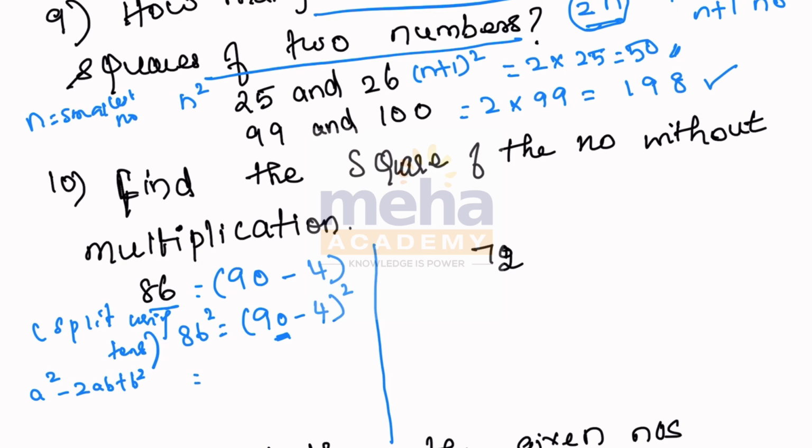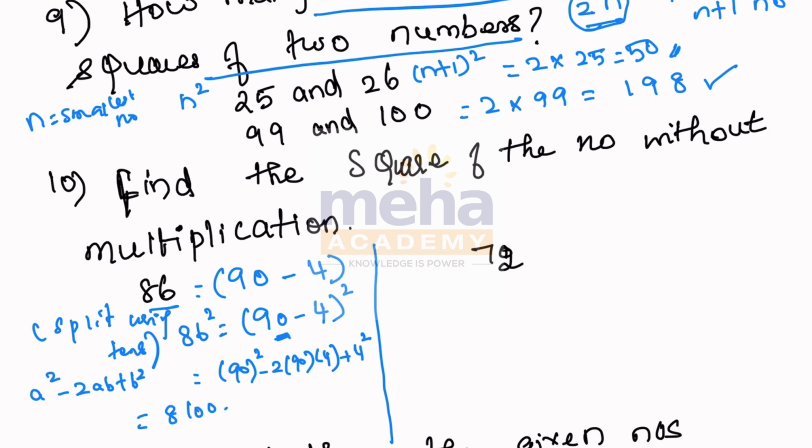So it will be 90 square minus 2 into 90 into 4 plus 4 square.